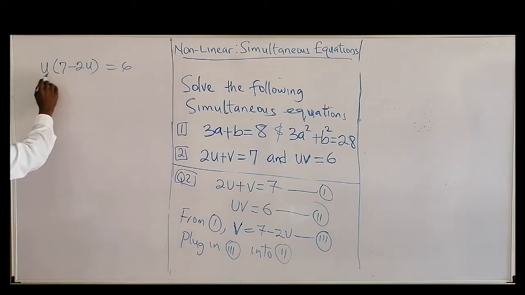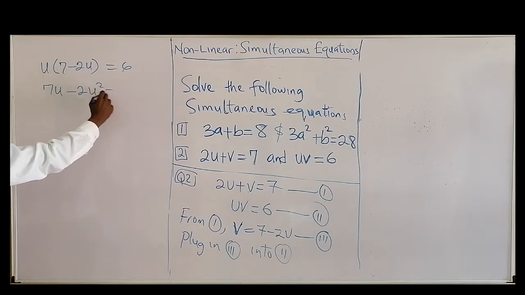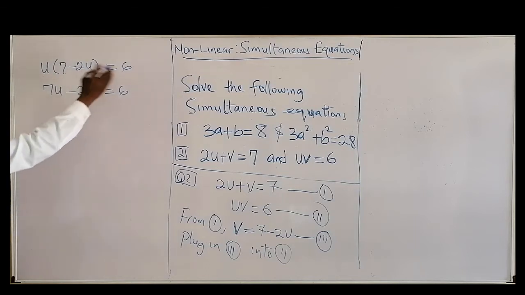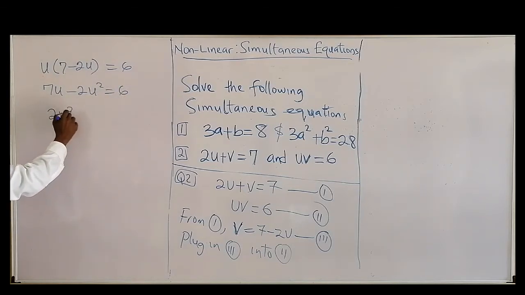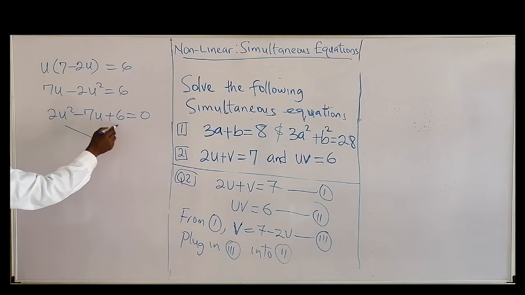Do the expansion: u times 7 is 7u, minus 2u squared equal to 6. We can move everything to the other side, and that will be 2u squared minus 7u plus 6 equal to 0. Then we can do the factorization.